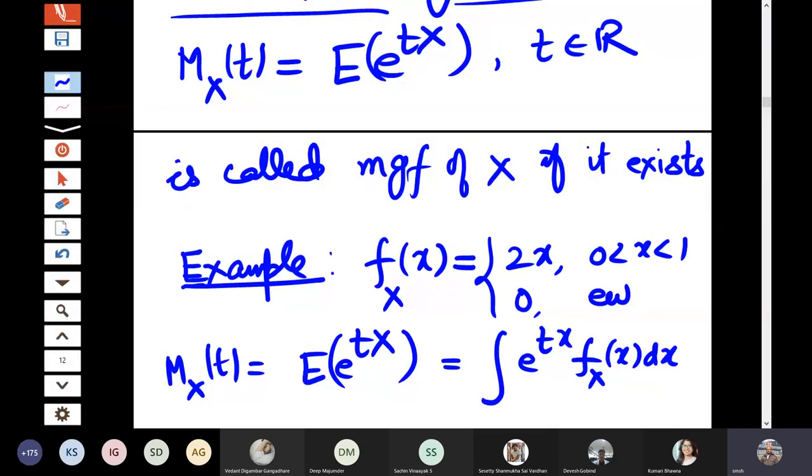The density is between 0 and 1 only, so we don't have to write the full thing.